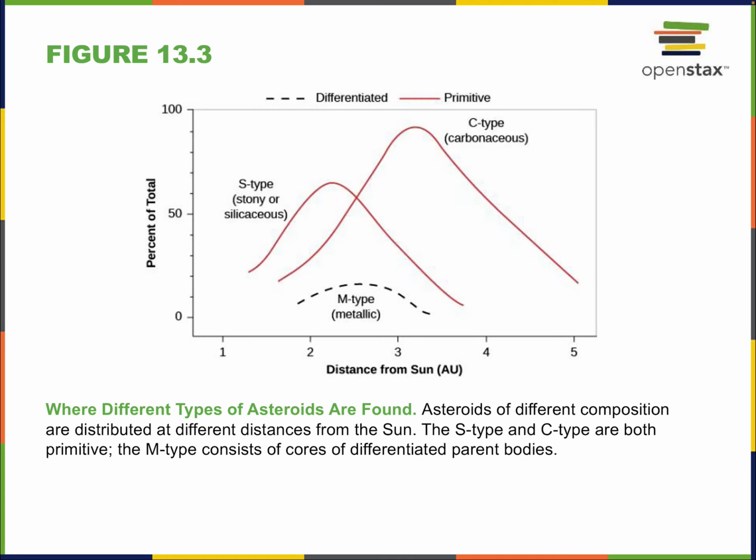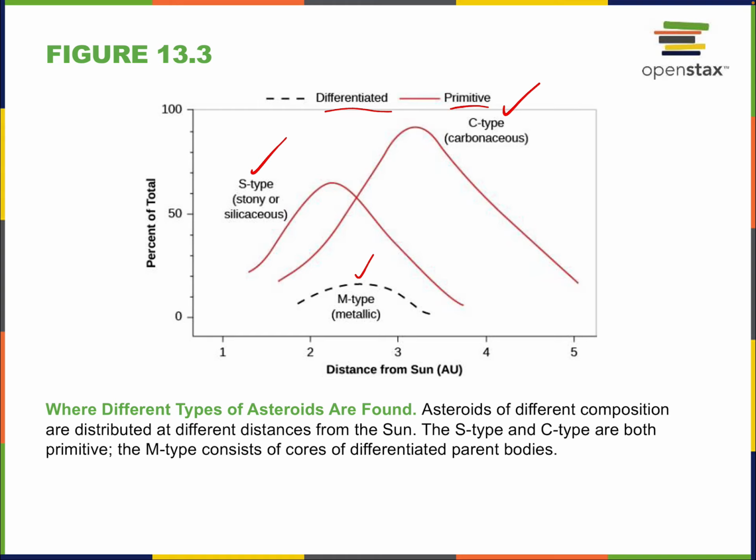Now, the asteroids that exist throughout the solar system, but the vast majority in the asteroid belt, can be grouped into 3 categories. Okay? So we can group those into S-type, C-type, and M-type, with M-type having a more differentiated history behind them. Okay? So what we're looking at is the dotted line represents differentiated, and the red lines represent primitive.